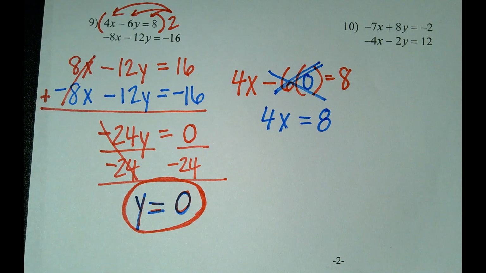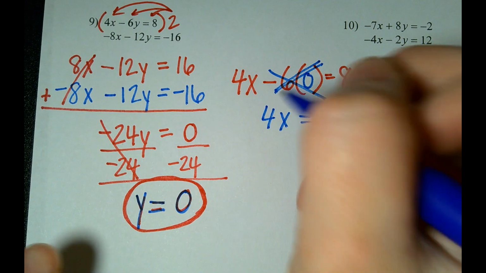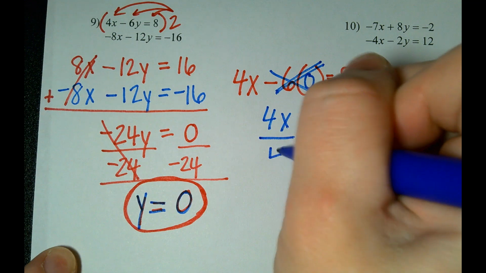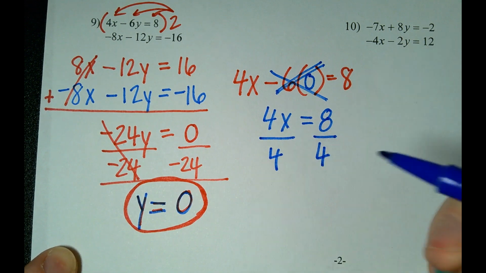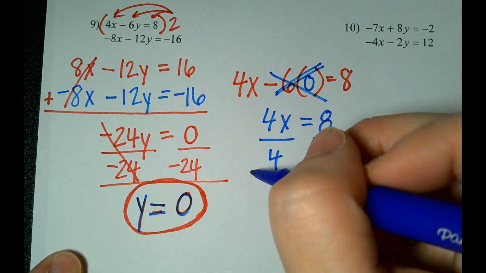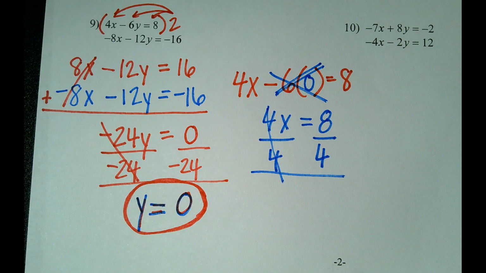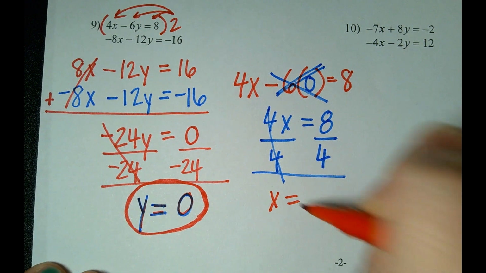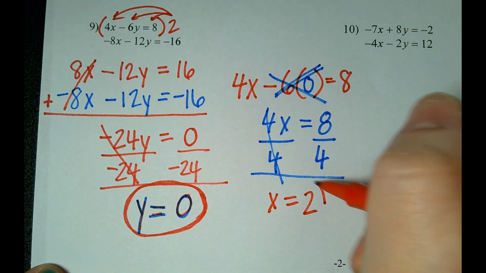Okay. And we only have one step to do from here. What is that? Divide. We're going to divide by 4 on both sides. Okay, and then we get an answer of x equals what? 2. Good.